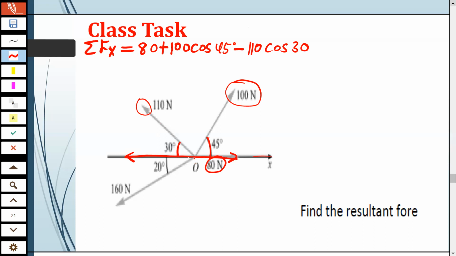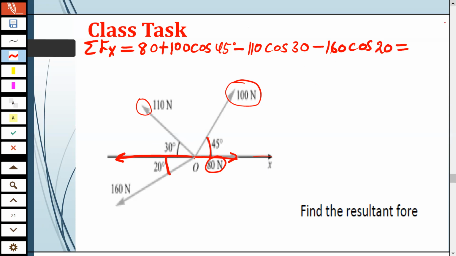The x component of the 160 newton force is also along this same axis, and it's pointing towards the negative, so it's going to be a negative there, and it's adjacent to the angle, meaning we're going to say 160 cos 20. So we find the final answer there.